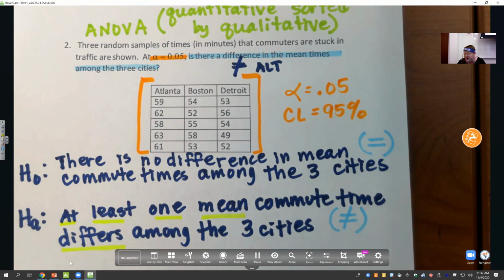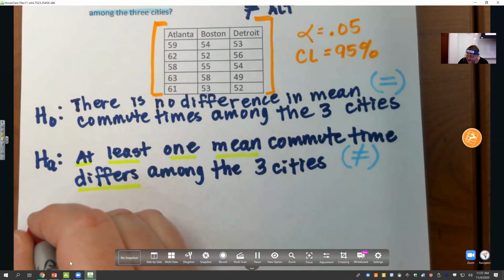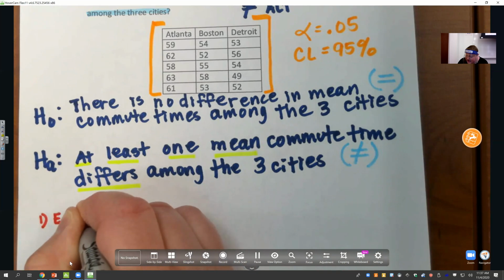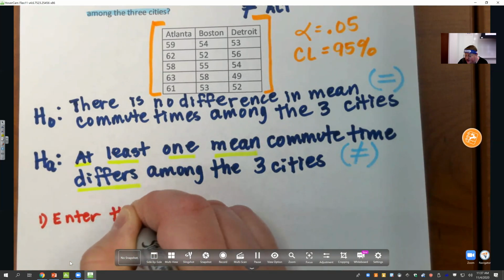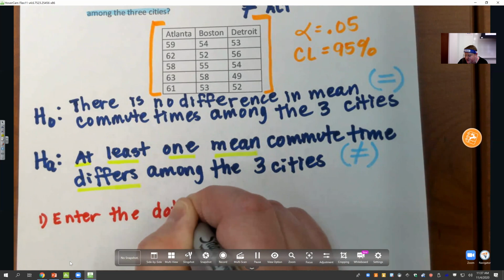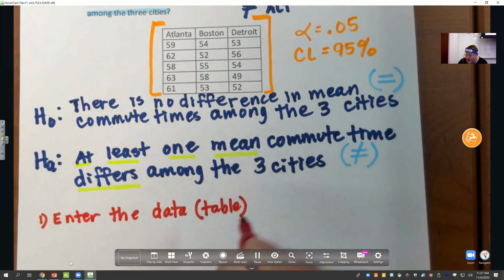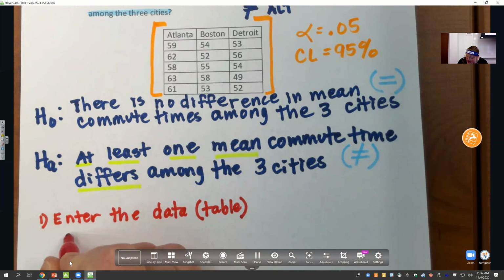Okay, so I'm going to kind of give you the steps. The first thing you have to do in Minitab is enter the data, which is in that table. In column 1, you'll put Atlanta.